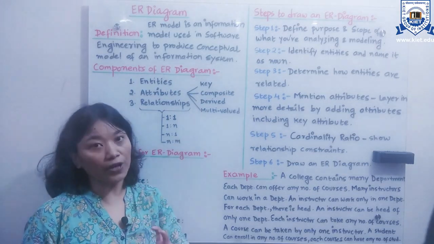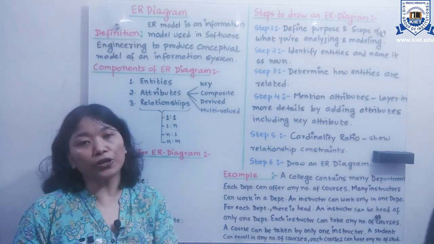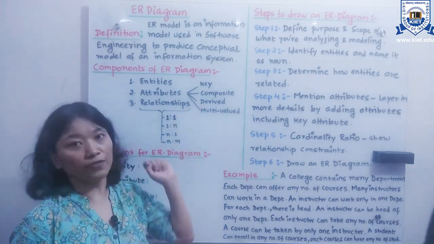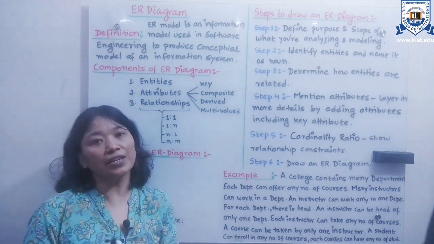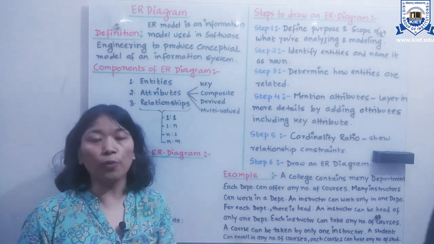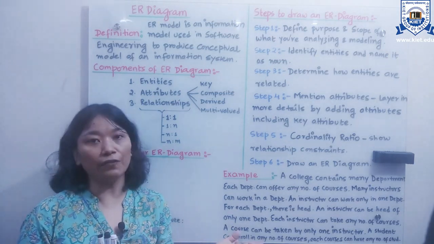Next is the derived attribute. If I can derive one attribute from another, then such an attribute is called a derived attribute. For example, from date of birth, I can easily derive the age of a person, or from the marks of a student, I can easily derive the percentage.